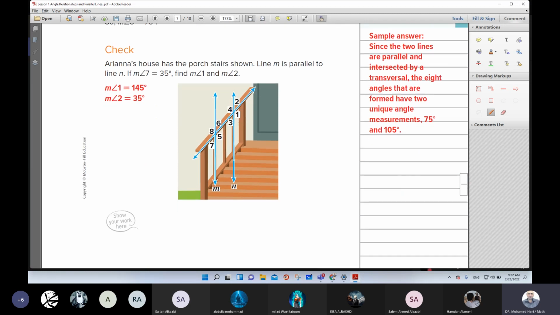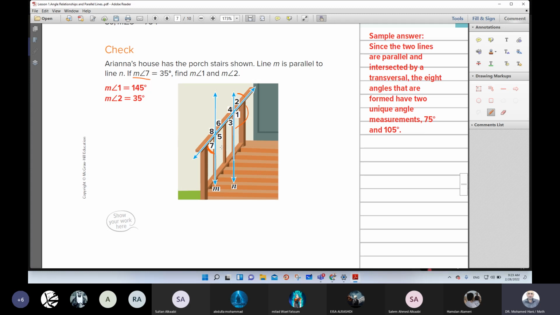Here is the same idea. And here we have angle 7 as 145. We want to find angle 1 and angle 2. Okay. Angle 7 and 2 will be alternate exterior angles.